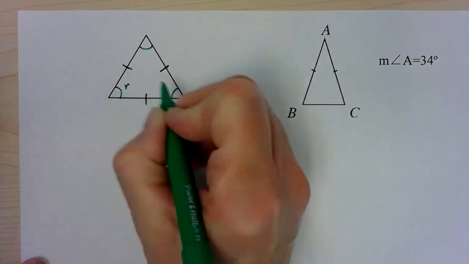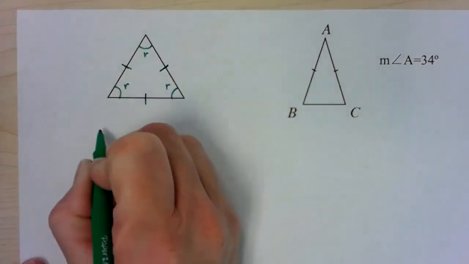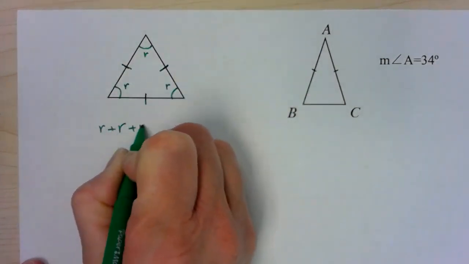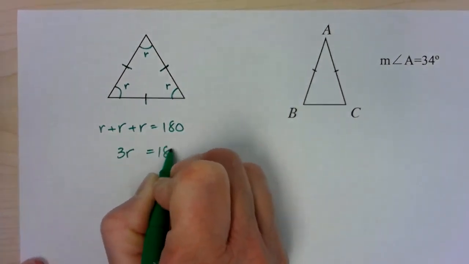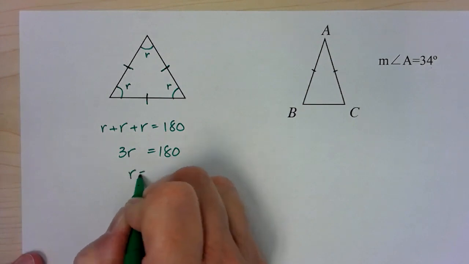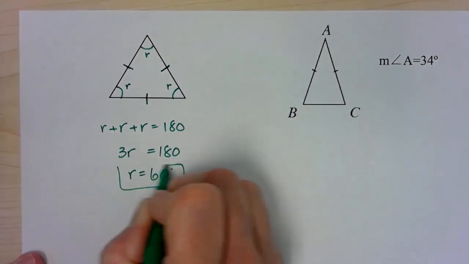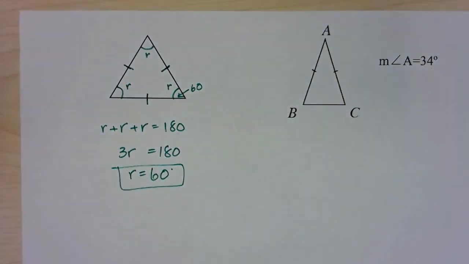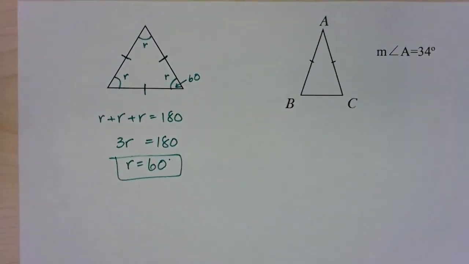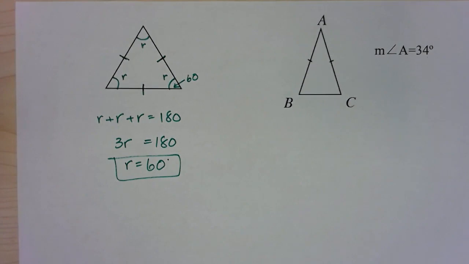I could pick any variable. I'm just going to pick an r. R plus r plus r equals 180. 3r equals 180. Divide by 3. R is 60. Each one of these interior angles on an equilateral triangle is 60 degrees.